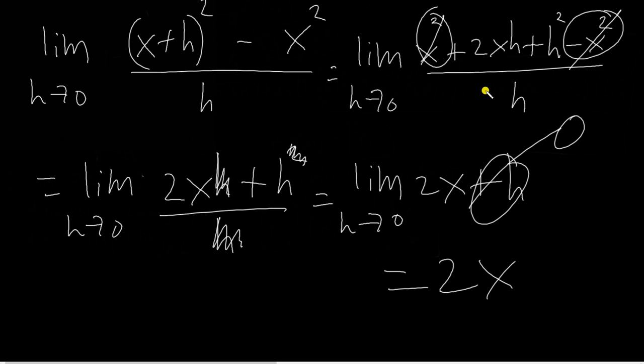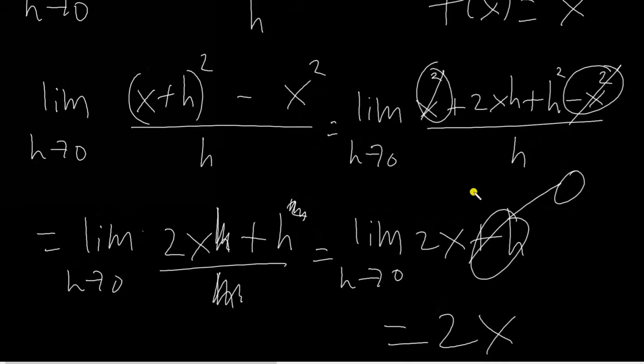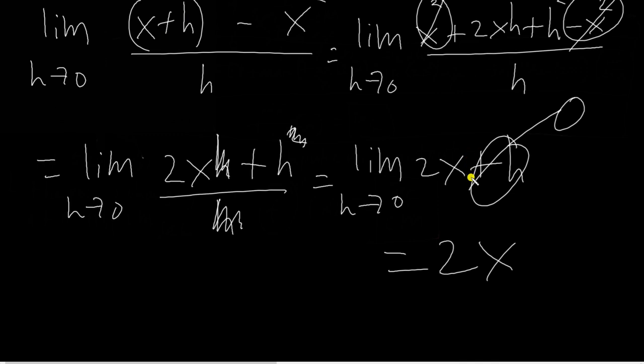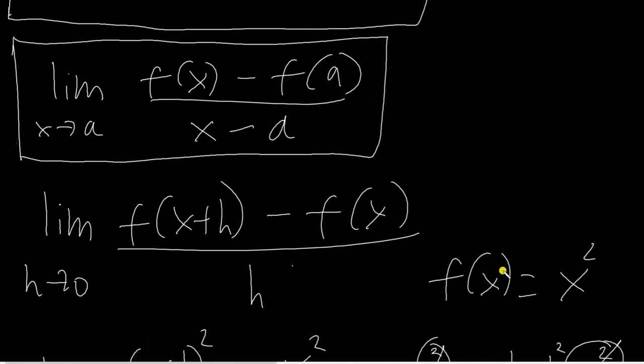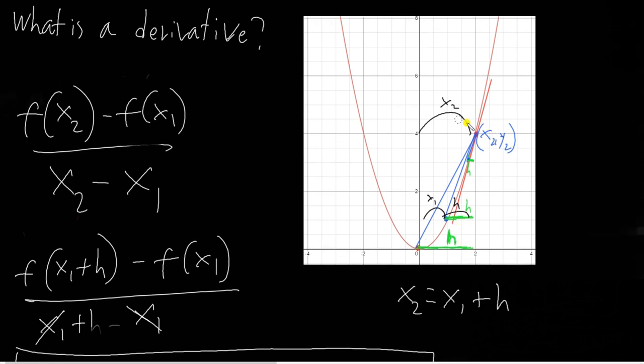So what does this really mean now? We did all this fancy math using our limit definition. What does this all mean? Well, it means that the slope of the tangent line at any point is 2x. So going back to our original graph, let's erase all of these lines and redraw our tangent line at x equals 2, like that.